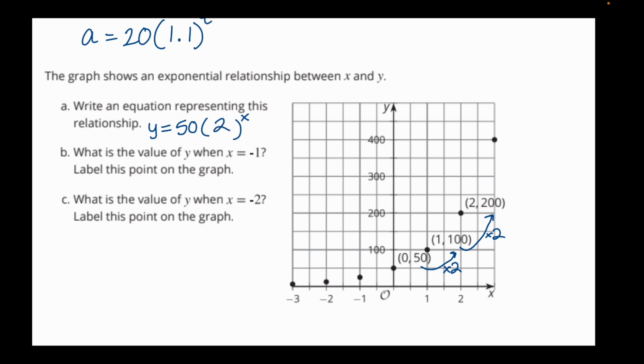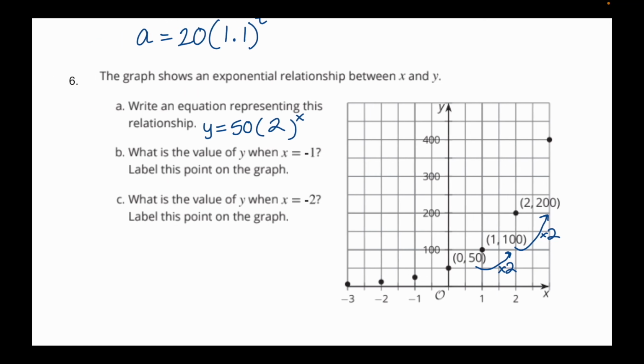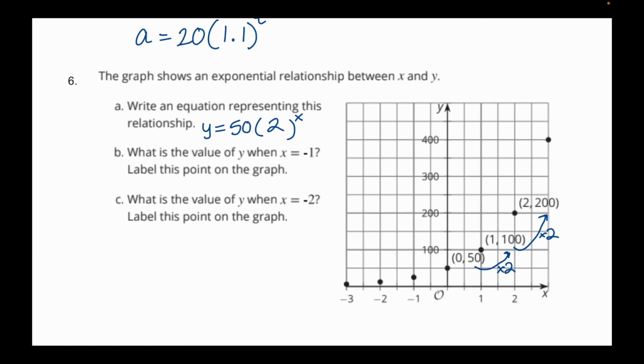Now let's answer questions B and C. They're asking, what is the value of y when x is negative 1? So going backwards means instead of multiplying as we go forwards, it's the same as dividing as we go backwards, or you can think of it as multiplying by the reciprocal. So we're going to multiply by 1/2 instead.